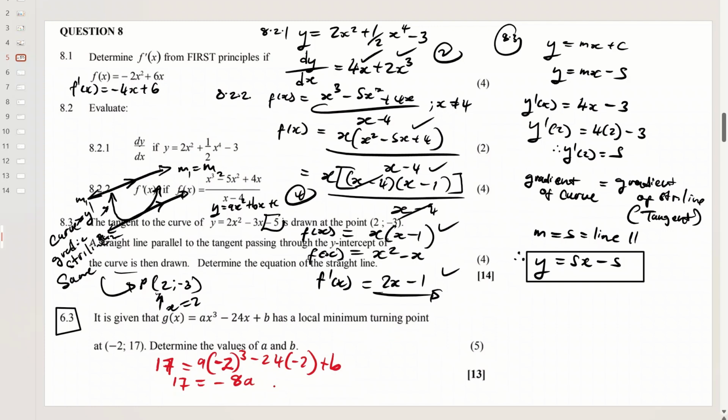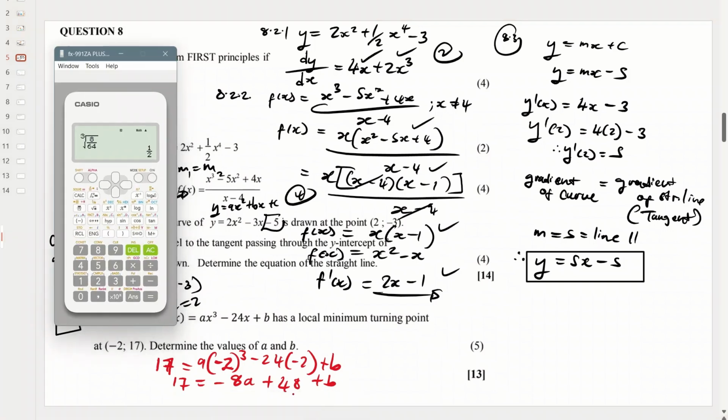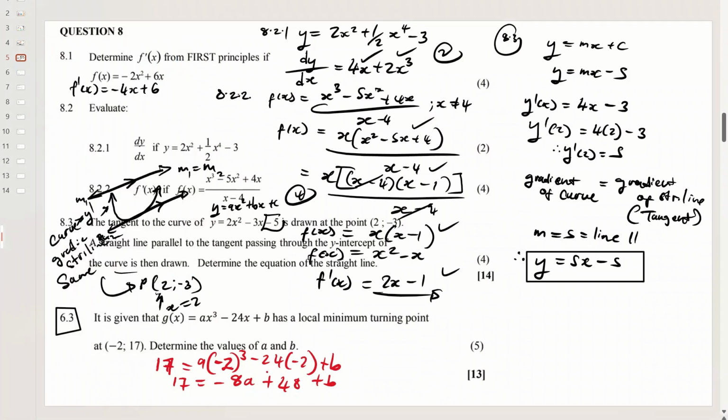This one here is positive 48 plus b. And then let me see, I will need a calculator here. So 48 minus 17, that's 31. So now 0 is equal to negative 8a plus 31 plus b.